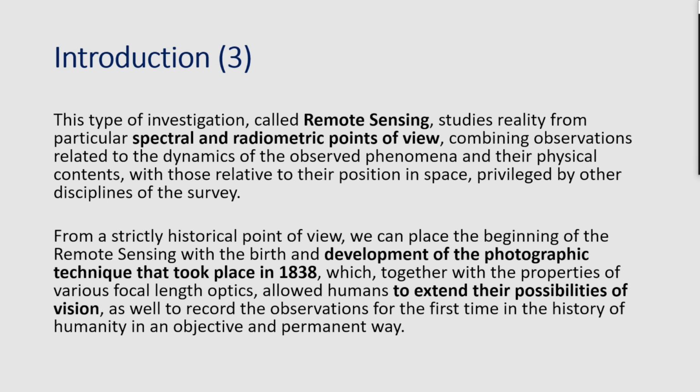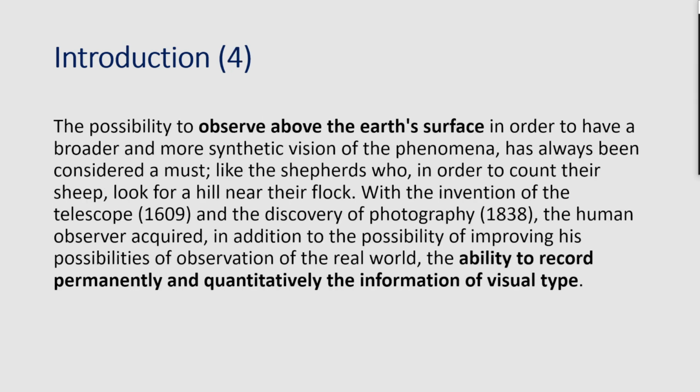From a strictly historical point of view, we can place the beginning of remote sensing with the birth and development of the photographic technique in 1838, which, together with the properties of various focal length optics, allowed humans to extend their possibilities of vision, as well as to record the observations for the first time in the history of humanity in an objective and permanent way.